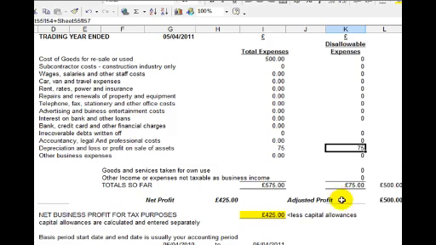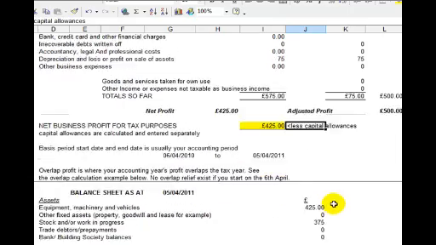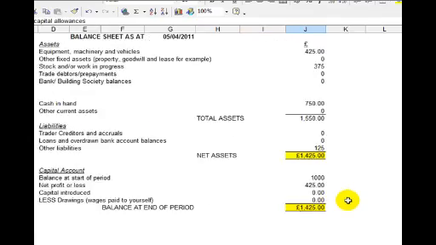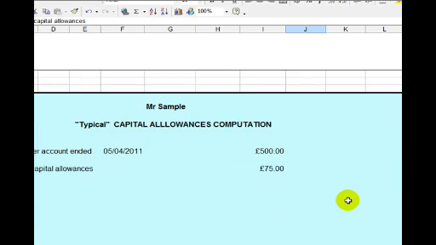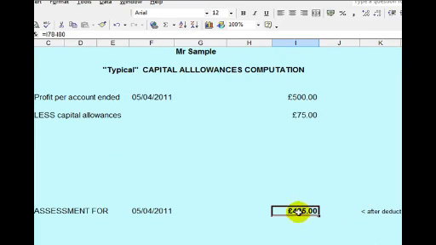And then obviously the profit margin has gone up, and even though it's still represented by 425, we've still got capital allowances to claim. The capital allowances are here. As you can see, we had the £500 of fixture and fitting, less the capital allowances of £75, which gives us 425.